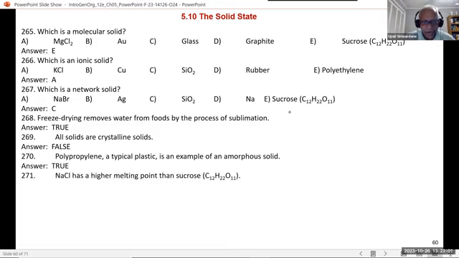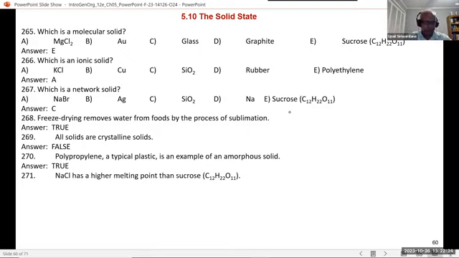Sodium chloride has a higher melting point than sucrose. Normally, this is an ionic solid and a molecular solid. Ionic solids have higher melting points, while sugar has a lower melting point. Sodium chloride, salt.